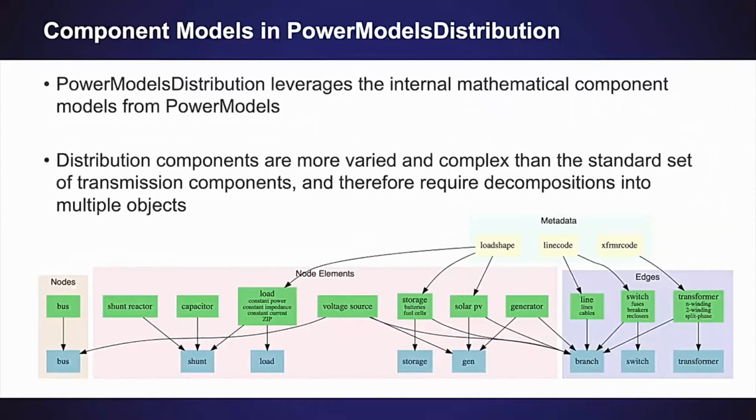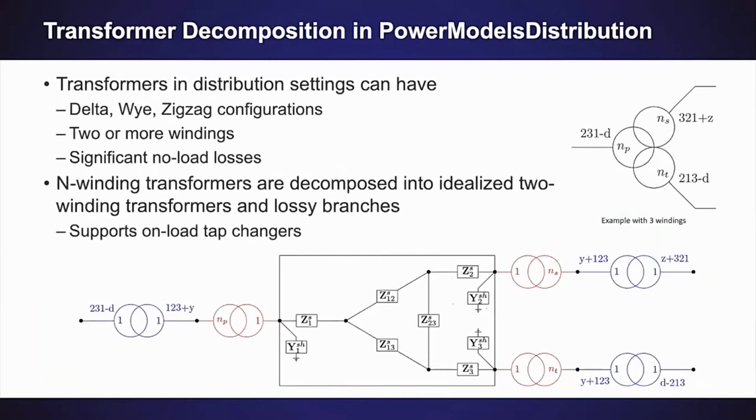Here's an example of a flowchart that we use to decompose commonly seen distribution components that you can see in green into mathematical data objects in blue. For a more detailed introduction of the different models of components supported in PowerModels Distribution, either refer to the paper or to the online documentation.